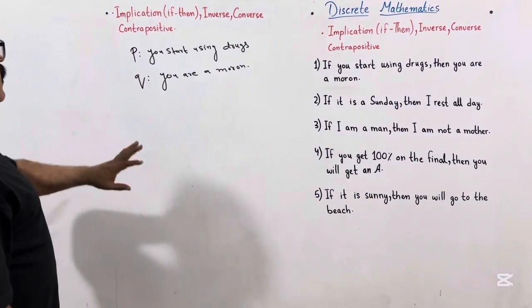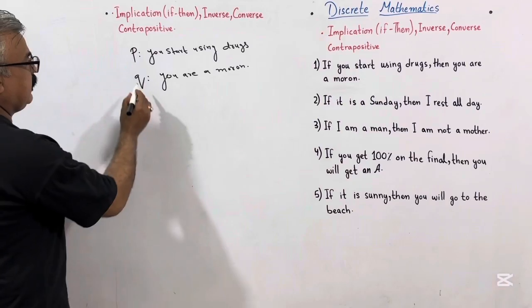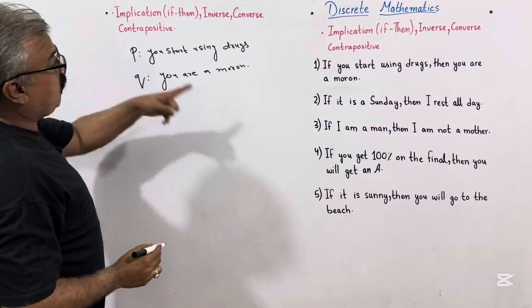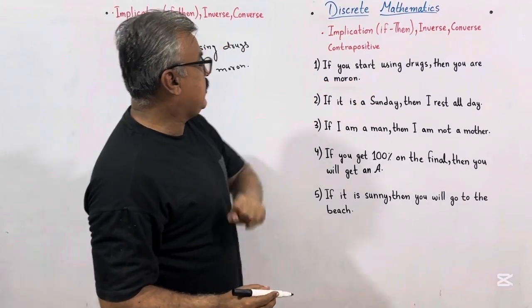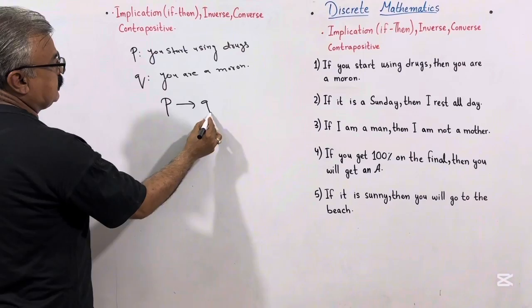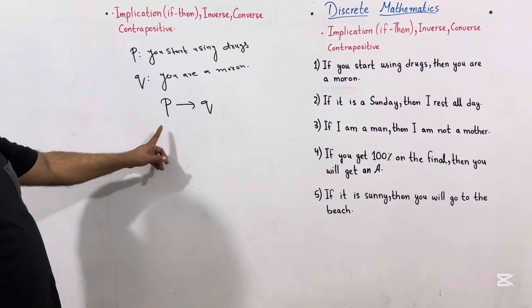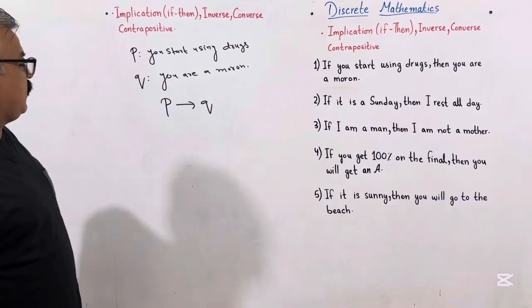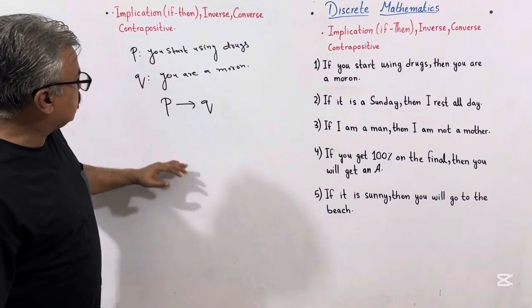How to write this in implication? Simply, that's the if, that's the then. If you start using drugs, then you are a moron. Means P implies Q. P is sufficient for Q. This is one way of implication.